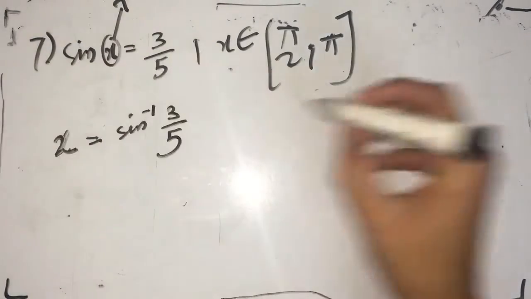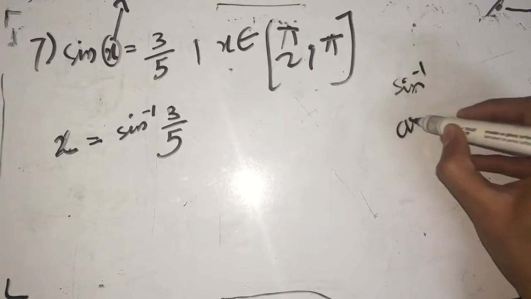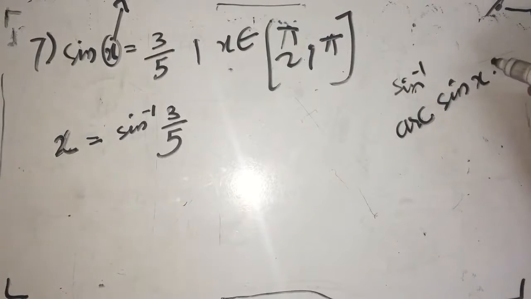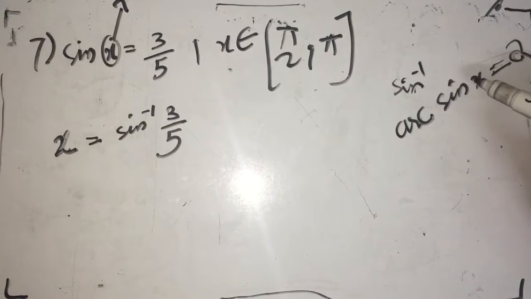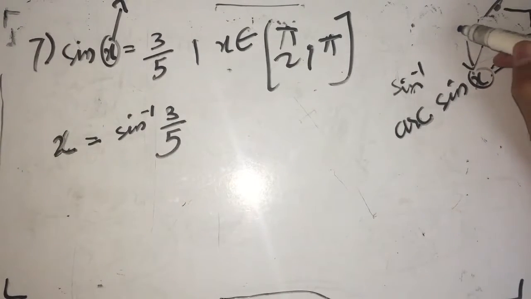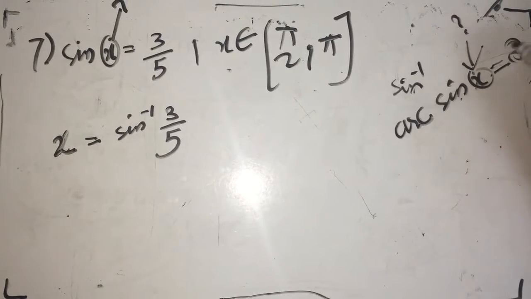If somebody asks you what is a sine inverse, you can also call it arc sine of x. What they actually mean, if they have a value over here, for example 2, is that the sine of some angle is 2, and they want you to find that angle. What is that angle whose sine is 2?